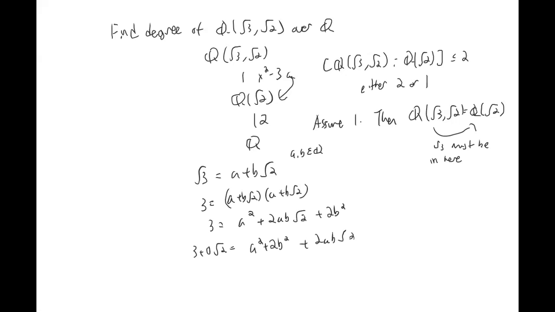So let's match the coefficients now, right? This with 0, and then let's match the constant terms. So I know from the blue underline, 2AB equals 0. Agree? So either A is 0 or B is 0, because Q is an integral domain.